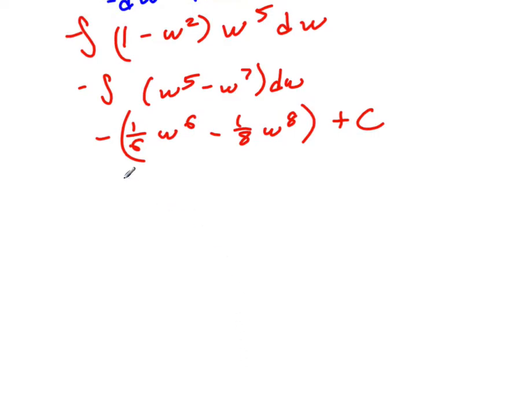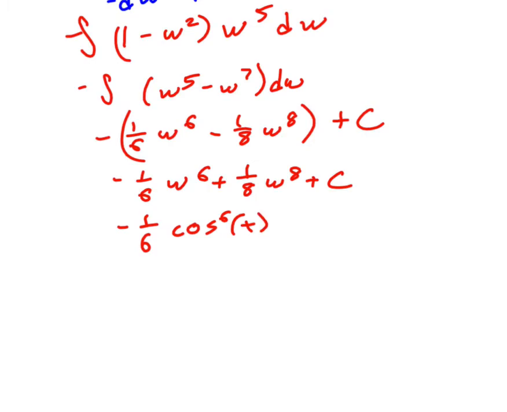And I think we'll just distribute that negative sign in there. And finally, the w's are really cosine. So it's a negative 1/6 cosine to the sixth of x plus 1/8 cosine to the eighth of x plus c.